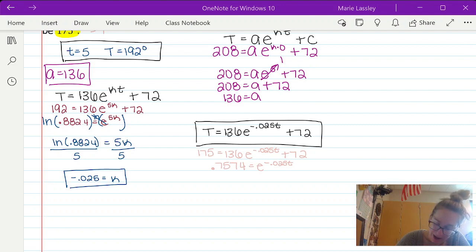So we're going to take the natural log of both sides. So we've got natural log of 0.7574 equaling negative 0.025t, and then divide both sides by negative 0.025.